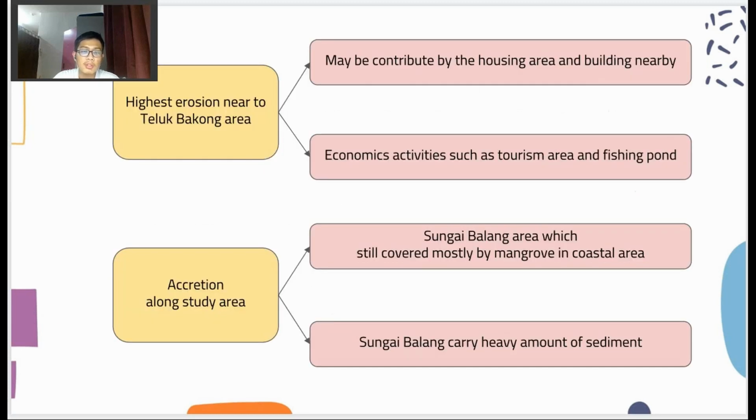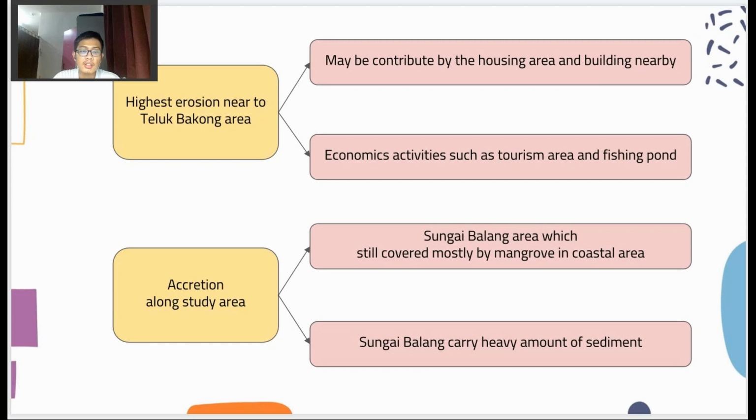Okay, we are going to discuss why erosion occurs more on Teluk Bakong. So this case may be contributed by the housing area and buildings nearby, and it is also driven by economic activities such as tourism area and fishing port.